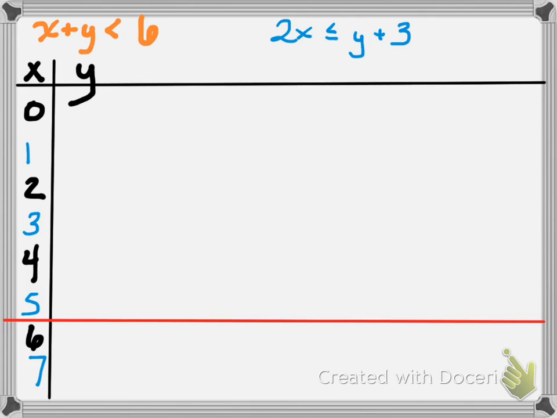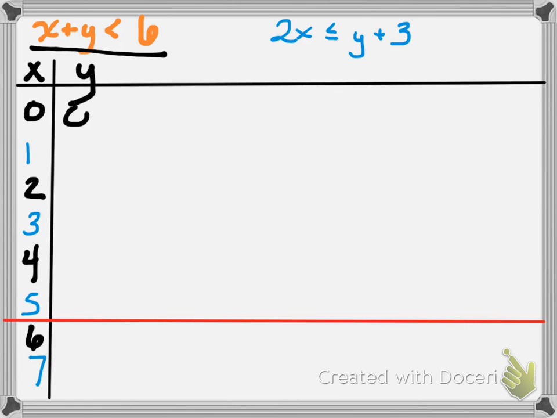So now we're going to try to figure out what numbers I can add into my x. And we're going to do it all the way across. We're going to start with 0, and we're going to figure out the numbers. And we're basically sticking with this first rule first. Does that make sense? So take one rule at a time. So x is 0, so 0 plus what is going to be less than 6? 5 is the biggest one, right?